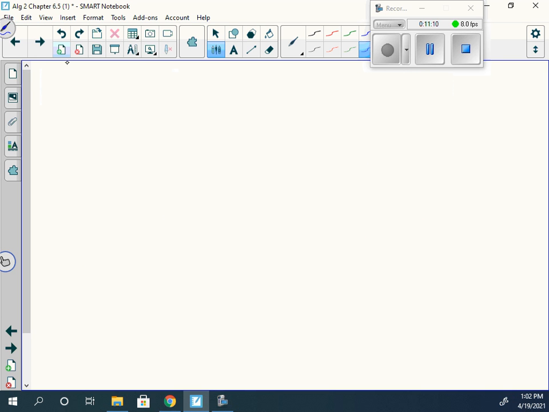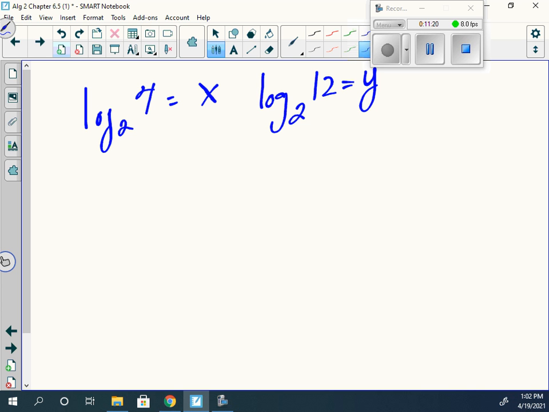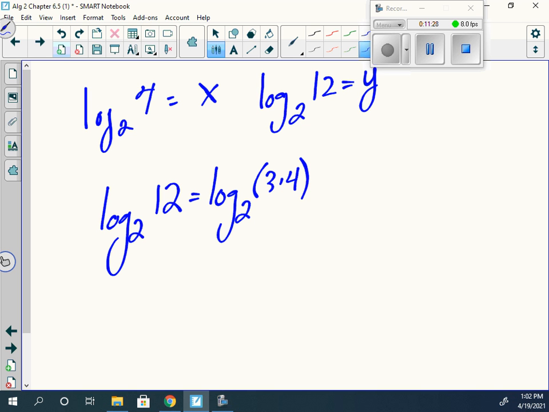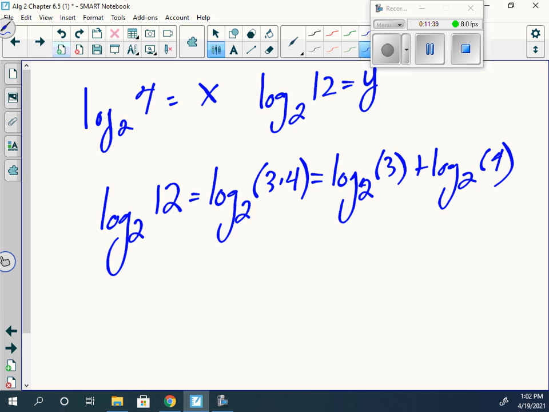Because if they gave us log base 2 of 4 equals x, and log base 2 of 12 equals y, well, log base 2 of 12 is the same as log base 2 of 3 times 4, which would be log base 2 of 3 plus log base 2 of 4.